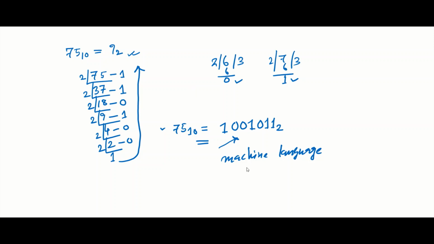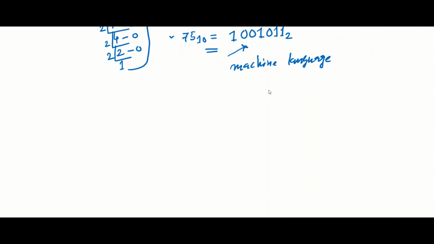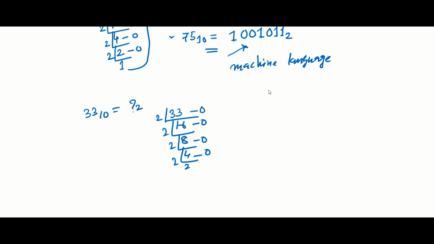Let's take another example and then we'll stop. Suppose let's take a small number, 33 in decimal. What we want is the equivalent binary. So what you need to do is divide this number by 2, save the remainder. Repeat this step till the quotient becomes 1 and place the number from bottom to top starting from the left-hand side.